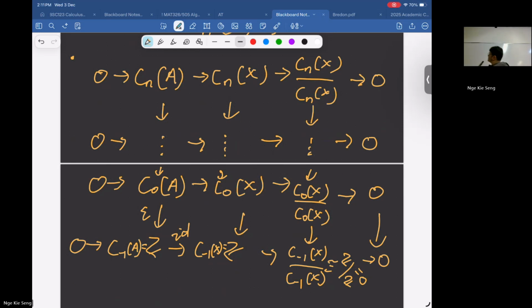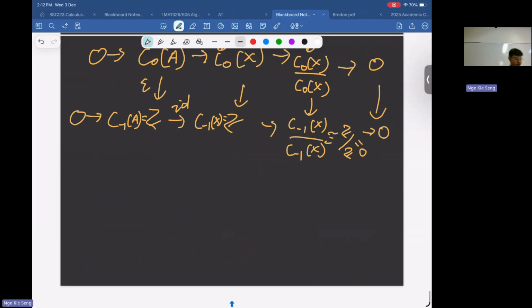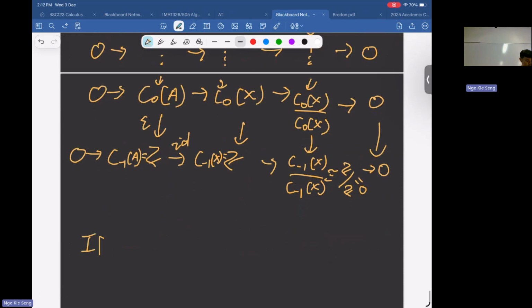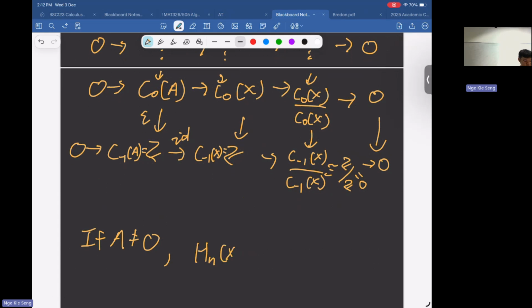Okay. So in this case, you can see that it is the same chain. If A is non-empty, then this Z will stay there, and then H_n tilde of (X, A) is just H_n of (X, A).